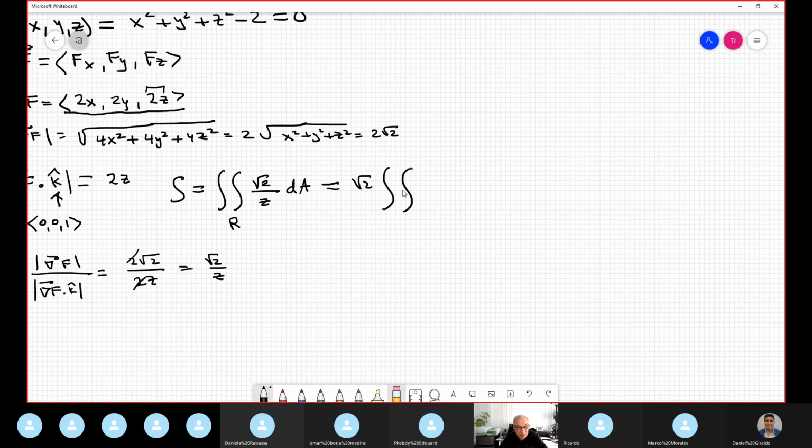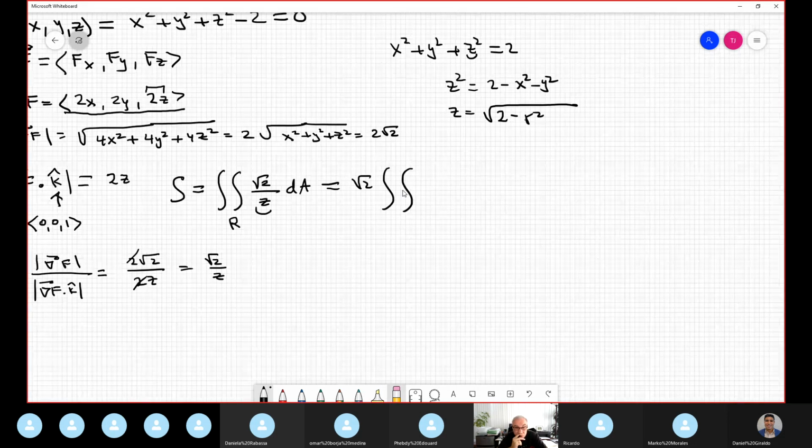Remember the formula at the beginning: x squared plus y squared plus z squared equal to 2. Now I solve for z. Then z squared is equal to 2 minus x squared minus y squared, and z alone is the square root of 2 minus r squared in polar, because remember the decision was to apply polar coordinates to the integration.